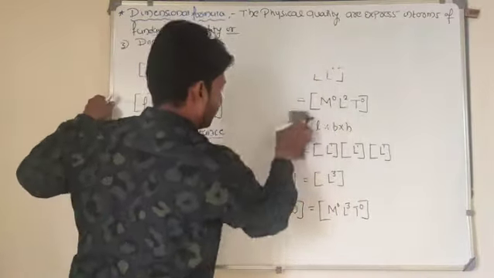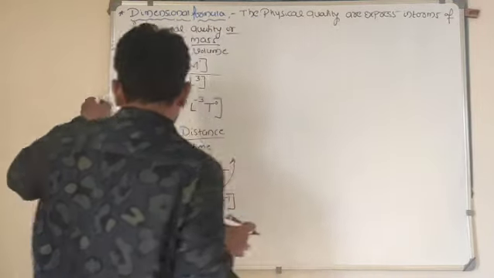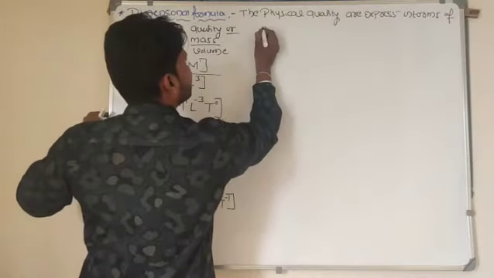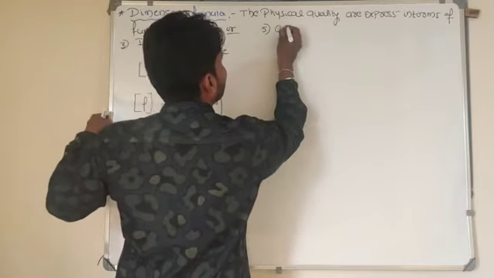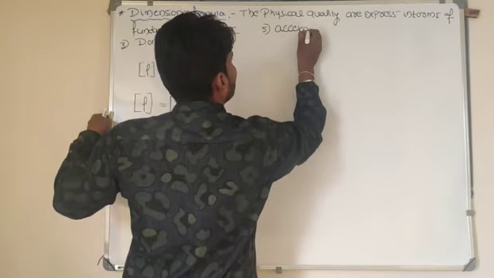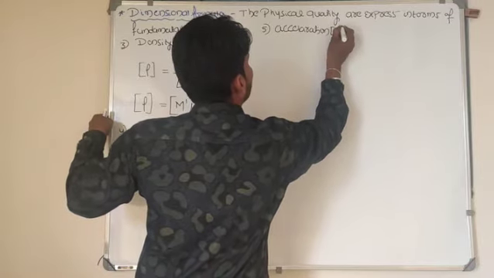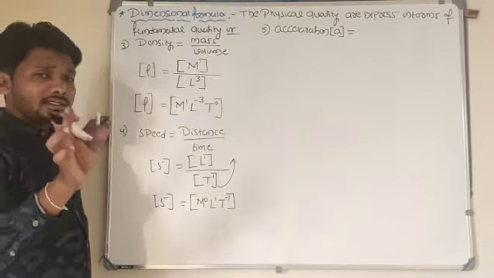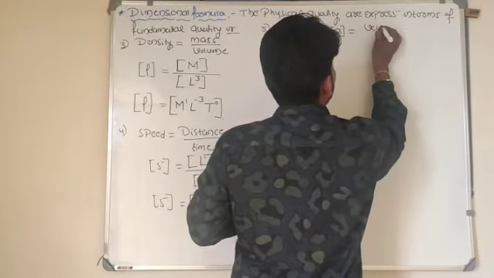So let me write some other physical quantities. Look at here. Then I will write the dimensional formula for acceleration here. Dimensional formula for acceleration. Acceleration is nothing but what?